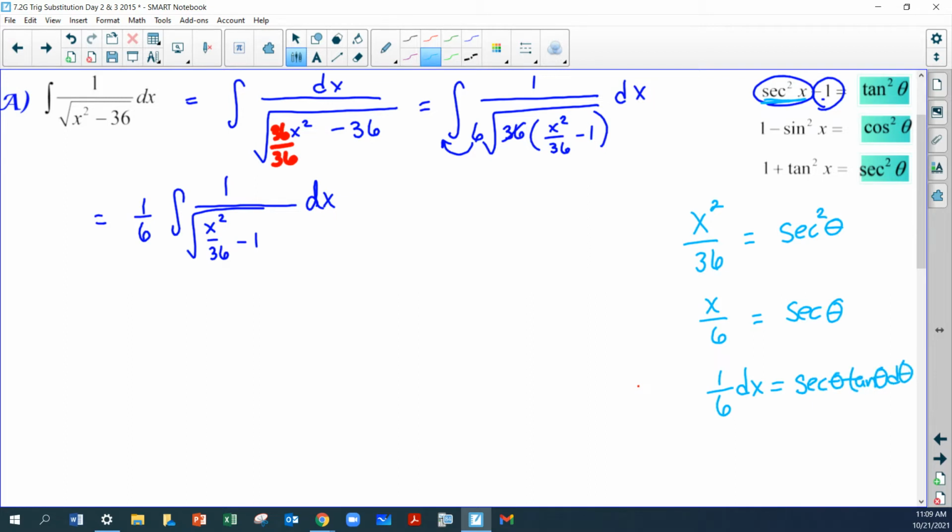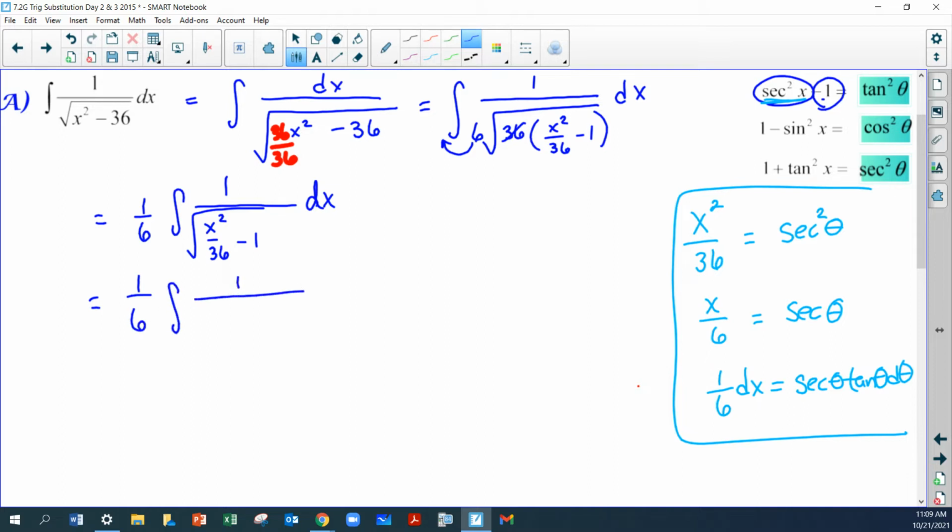And you're wondering, how is she doing this, or why are we doing all this? Well, keep that off to the side, okay? Now, let's go back over to our integral and make these substitutions. It's going to be like magic the way this works out. So, x squared over 36 is the same thing as our secant squared, isn't it? So I'm going to go secant squared theta minus 1.